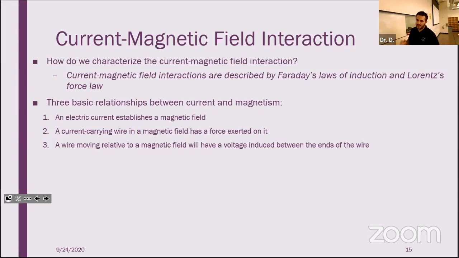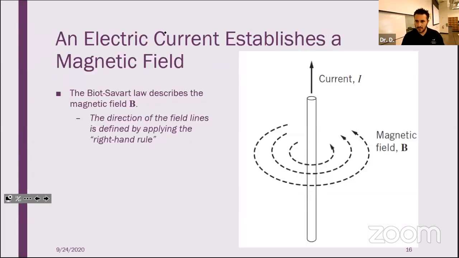Third, a moving wire relative to a magnetic field will have voltage induced between the ends. So if I move this wire through a magnetic field, I'm actually going to induce some voltage in it. Interesting. So let's talk about this. The Biot-Savart law describes a magnetic field B, and the magnetic field operates using the right-hand rule, which we're not going to talk about too much.